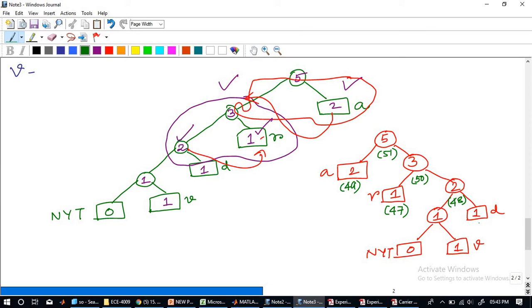So this is 48, and 47 is given. This should be 46, this should be 45, this should be 44, this should be 43. Any doubt anywhere? Is it clear with the tree?